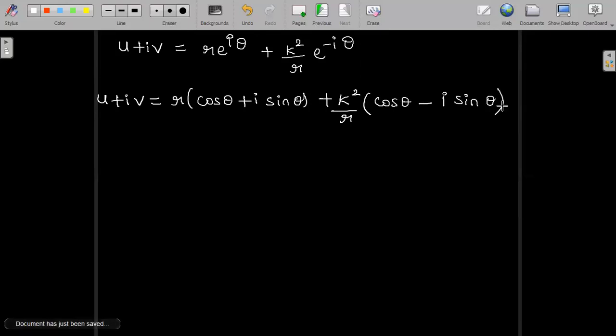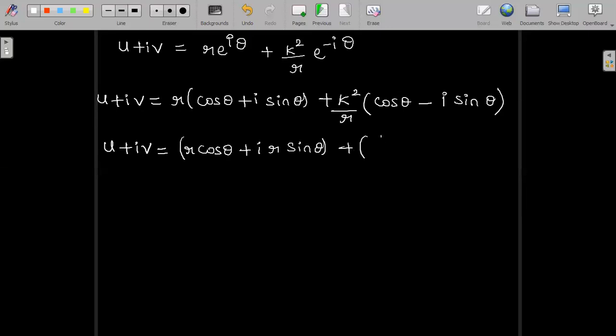Now we can multiply r inside for the first term, and for the second term we can multiply k square by r inside the bracket, so that later we can separate the real and imaginary parts. So u plus iv is equal to r cos theta plus i into r sin theta, plus k square divided by r cos theta minus i into k square divided by r sin theta.